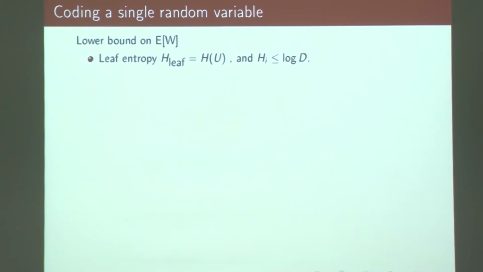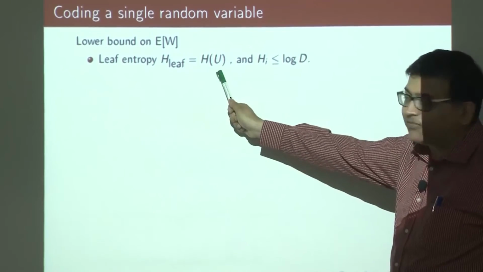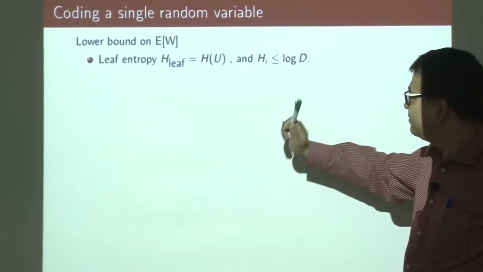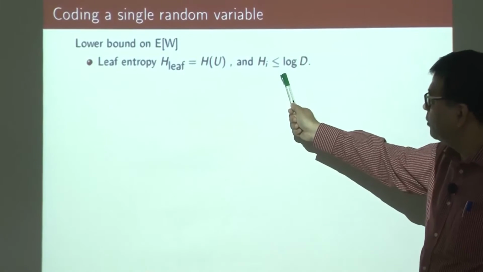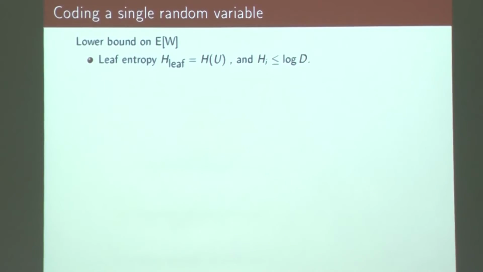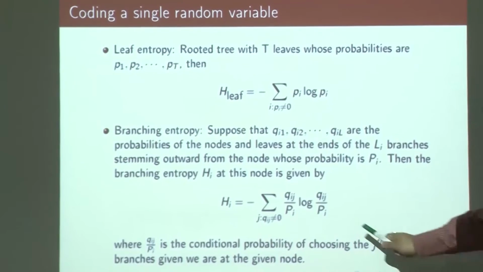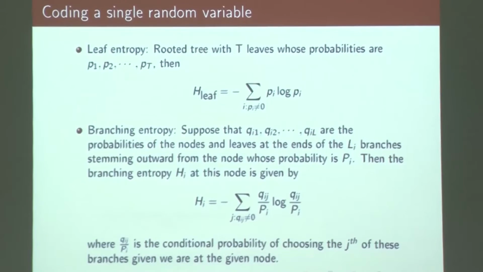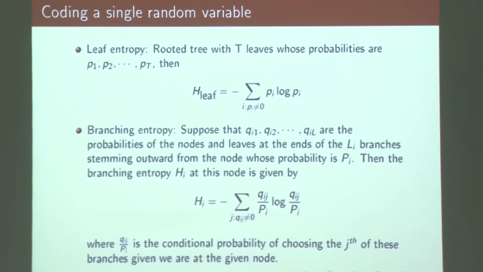So, H of leaf is this, you know this, and the branching entropy is upper bounded by log of D. This is the branching probability, like how many branches are leaving from each node?